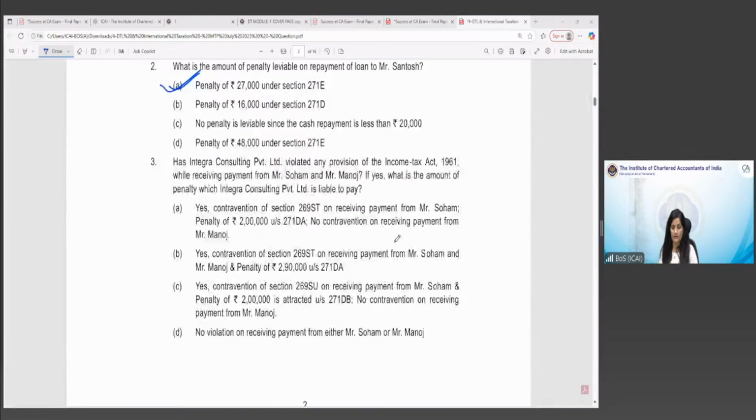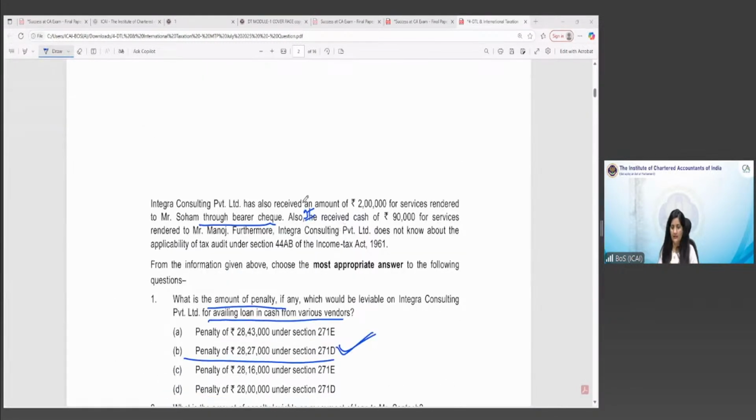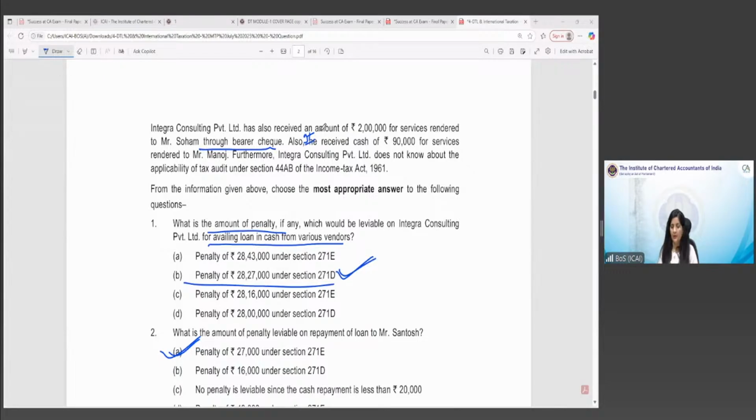Let's go to the facts basically here, है ना. These are the facts relevant. It is receiving the amount of 2 lakh for services rendered to Mr. Soham through bearer cheque. And 90,000.